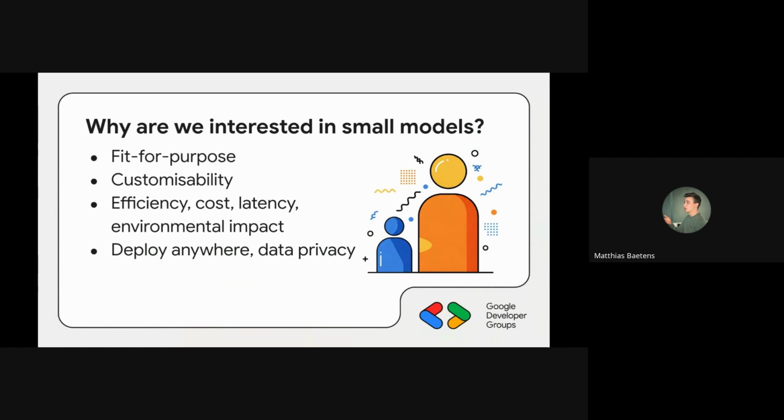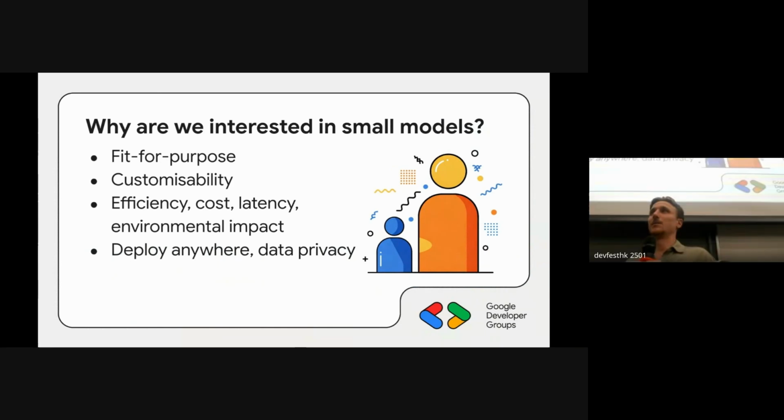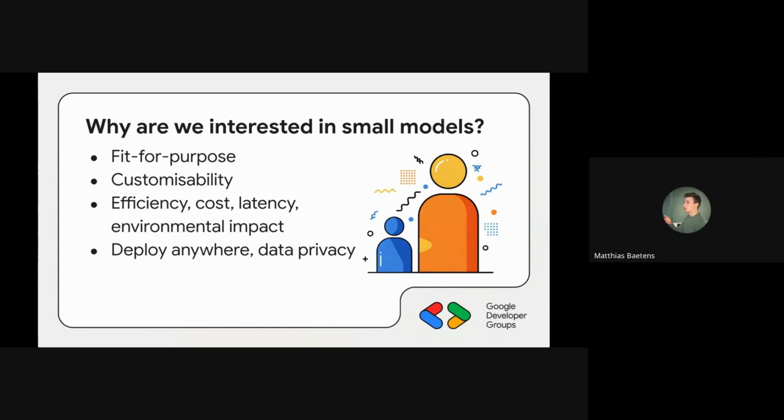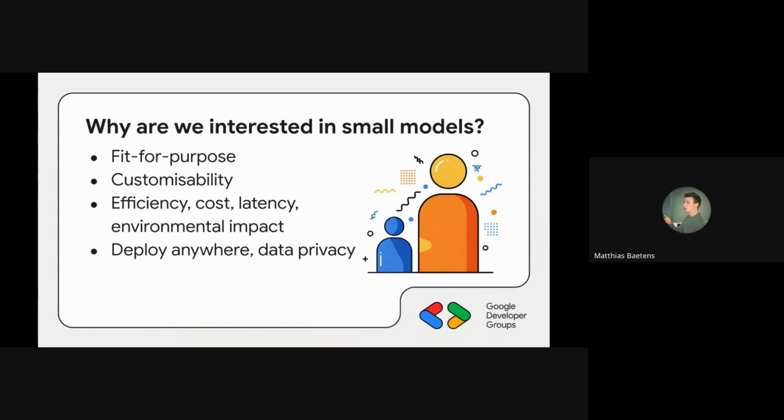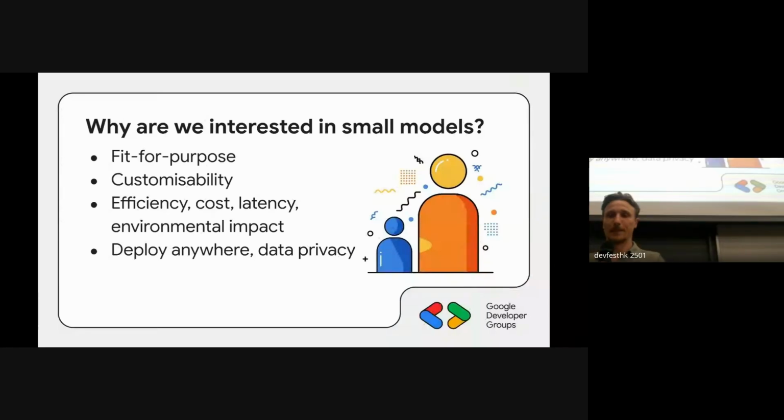So it might make sense to look at your use case and take a smaller model with lower complexity and lower calculations. With that comes customizability. If you pick an open model, you can take your own data sets and customize the model for your own use case, maybe getting the same performance as a big model, or even better in the process.